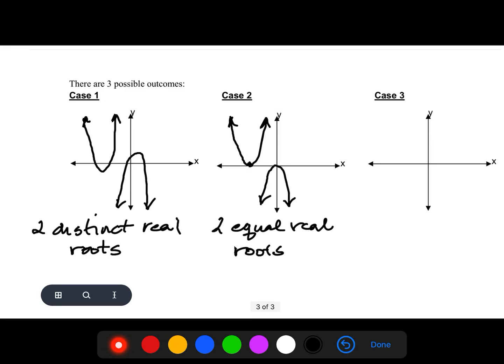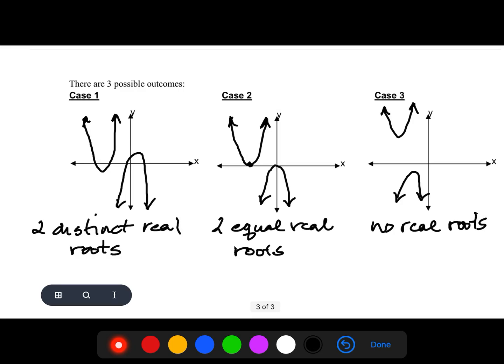But if we only have one x value and our vertex is on the x-axis, then we have 2 equal real roots. In case number 3, we have a parabola that starts above the x-axis opening up or starts below the x-axis opening down, then we have no real roots or no solutions.